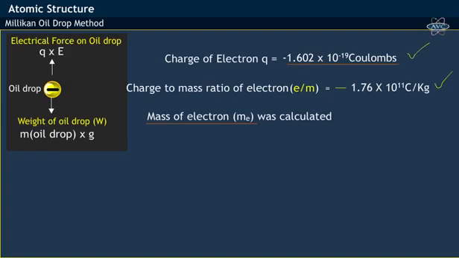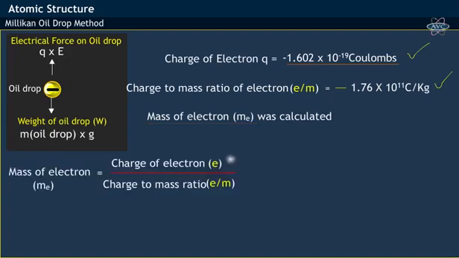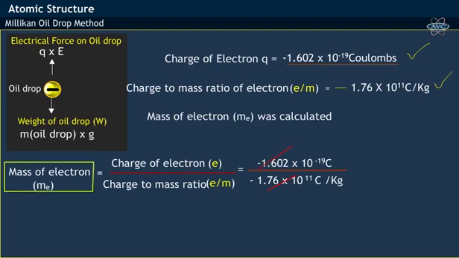On substituting these values in the equation, e divided by e by m, we get minus 1.602 into 10 to the power of minus 19 divided by the value 1.76 into 10 to the power of 11. On further calculation, the mass of electron was found to have a value of 9.11 into 10 to the power of minus 31 kilograms.